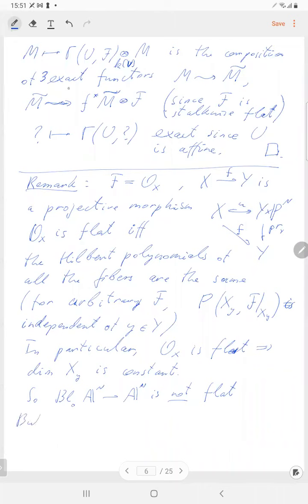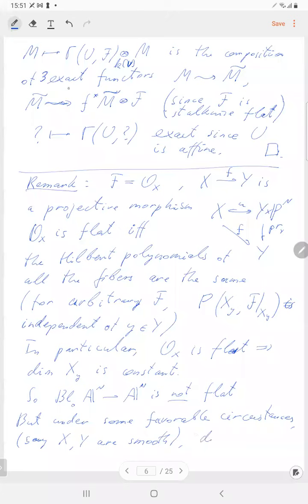But under some favorable circumstances, say both X and Y are smooth, it is also sufficient.